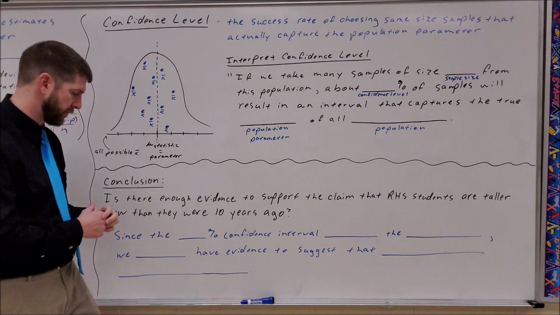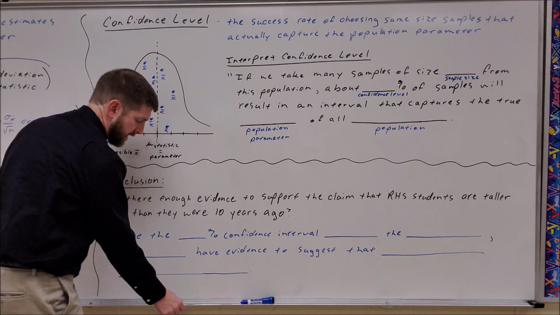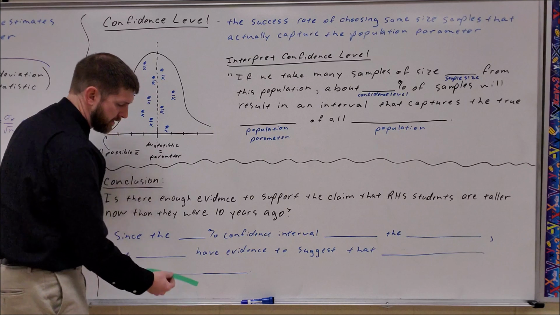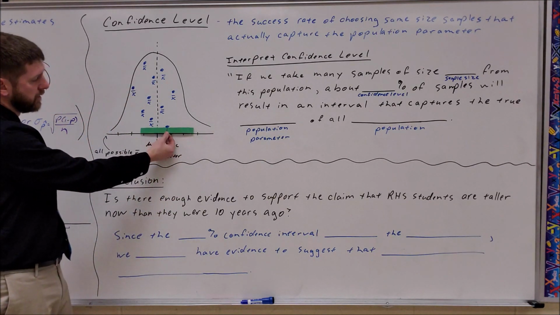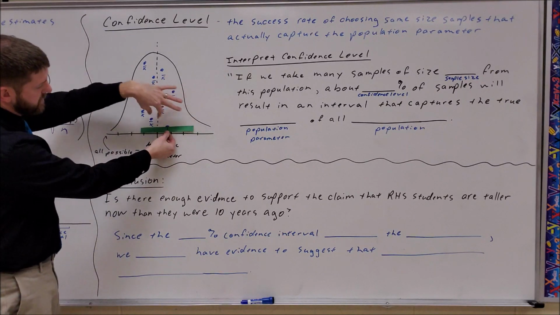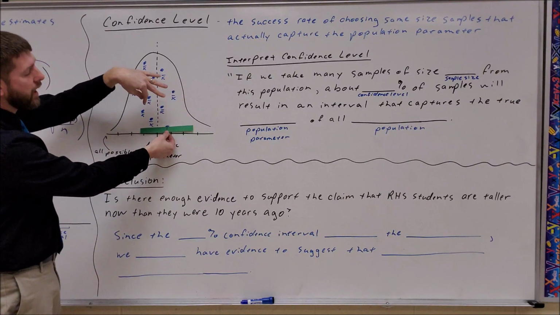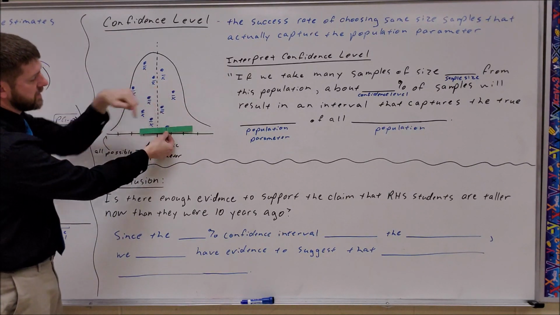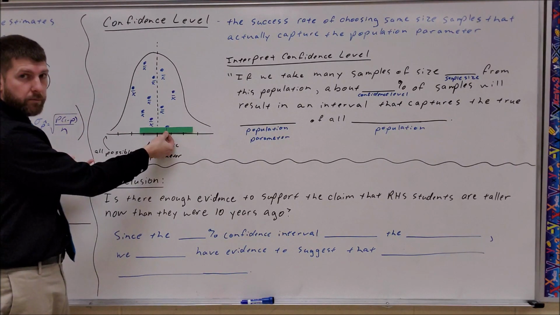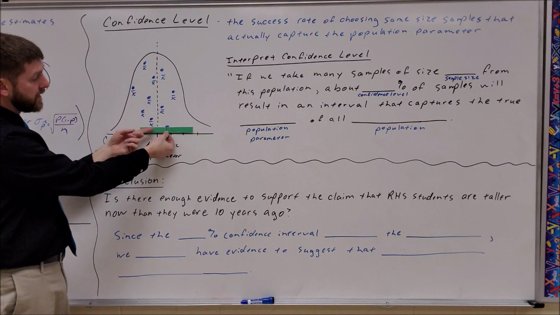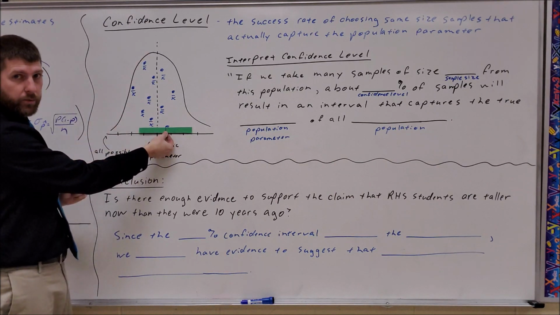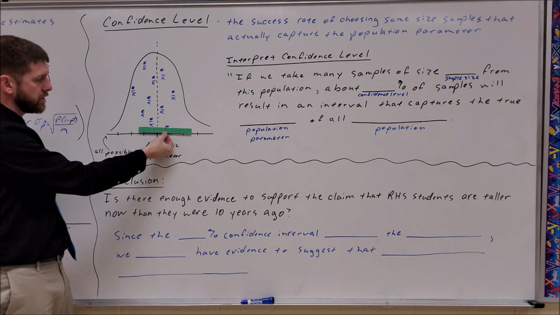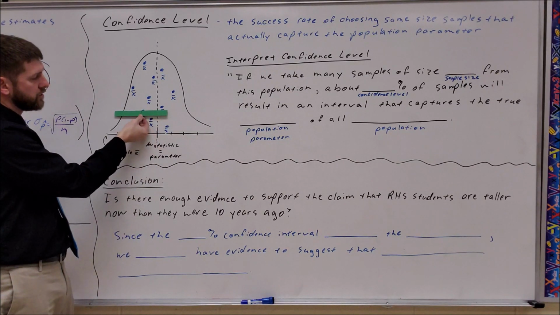So let's take a couple of confidence intervals. Let's say that I had this confidence interval right here. If I center it at my mean, anywhere in this interval based off my sample could be what's really going on in the population. This specific confidence interval captures my parameter, what's really happening in the population. Well, so does this one and this one.